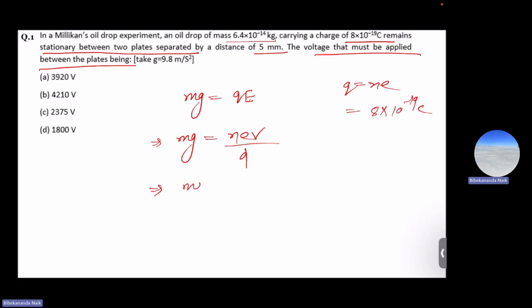So we can directly write mg equals QV by D, and you need to find out V. So V is mgD by Q.